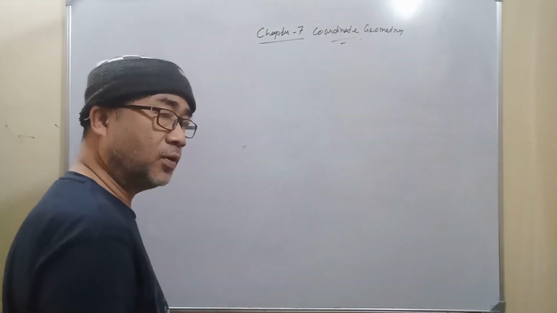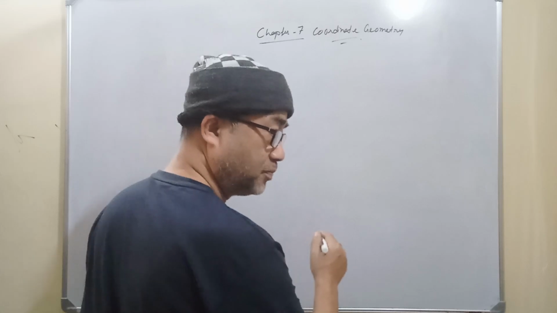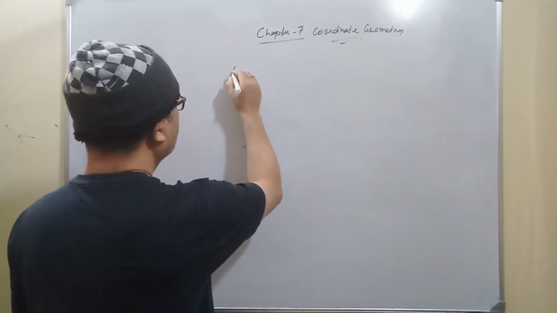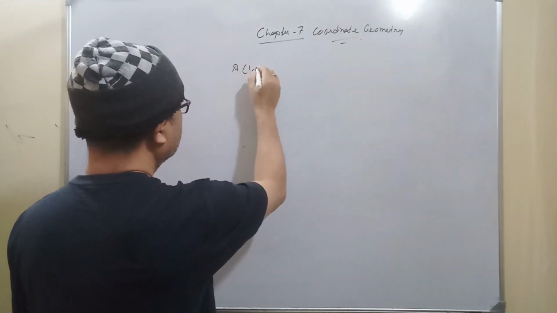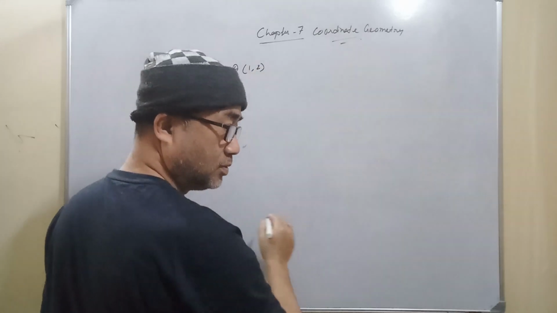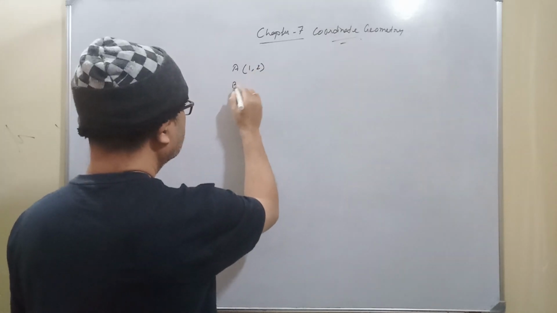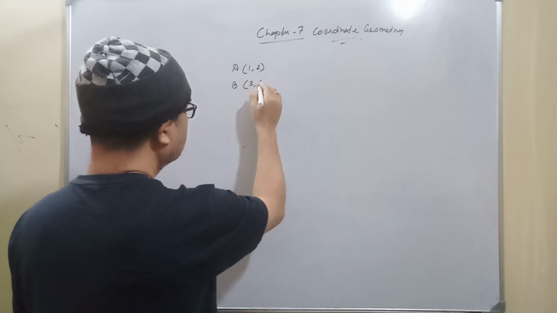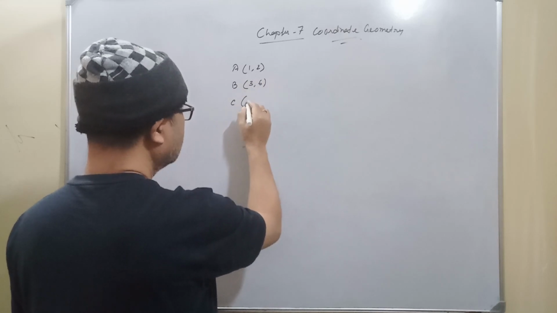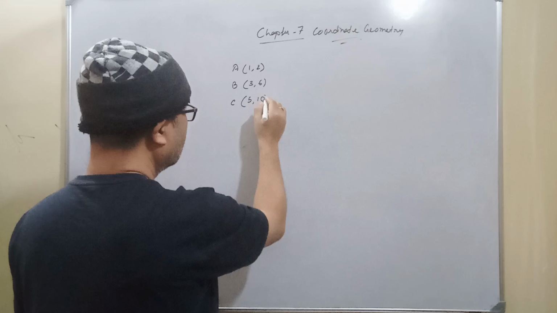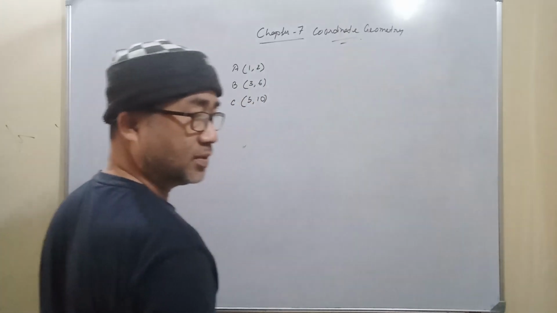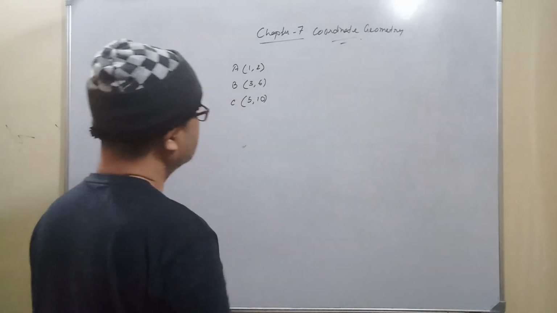So we have 3 points. Point A is (1, 2). Point B is (3, 6). And point C is (5, 10).